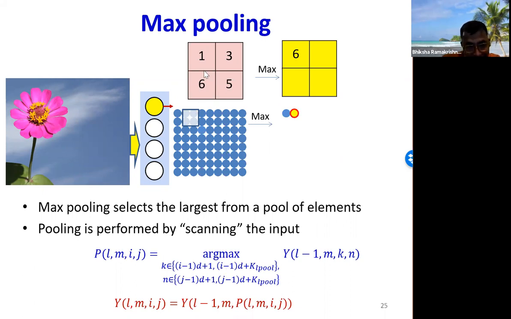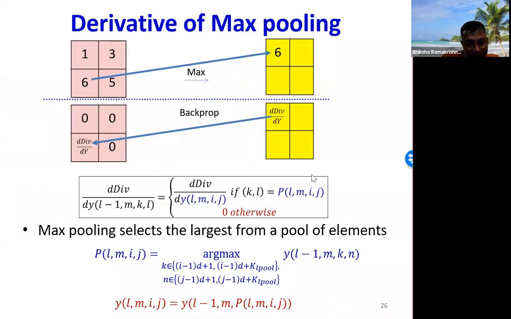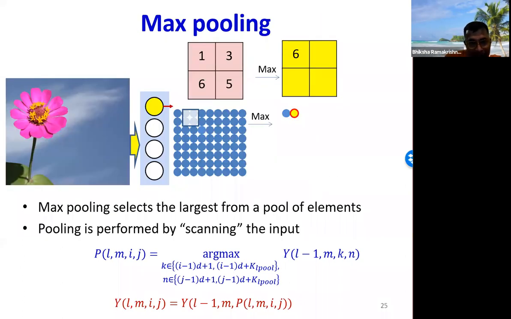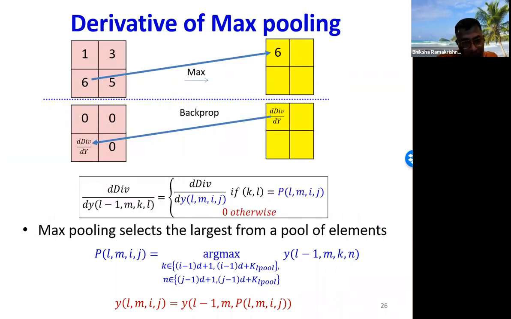So you keep track of where the maximum came from. Now, when you're going backwards, I'm going to assume that this is the y, the output. So when you come backwards, you have already got the derivatives for the output of the pooling, and you need the derivatives for the input.